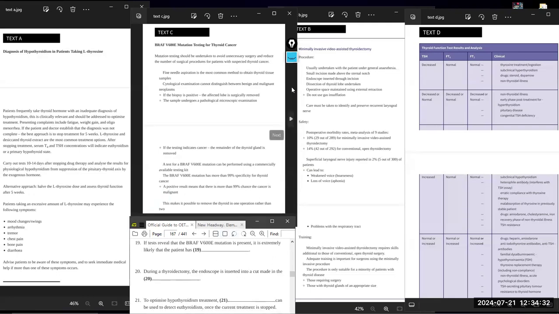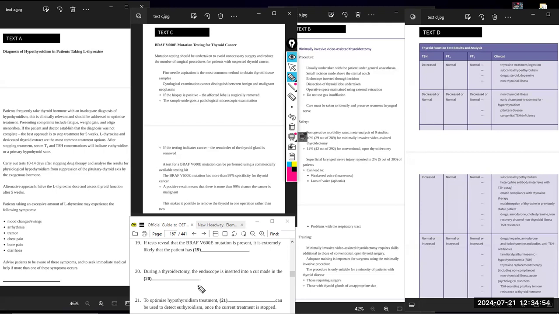Now question 20 is saying, during a thyroidectomy, the endoscope is inserted into a cut made in the what? It's above the sternal notch.